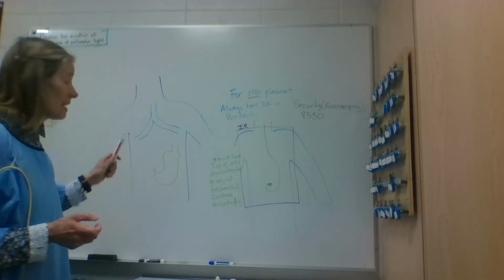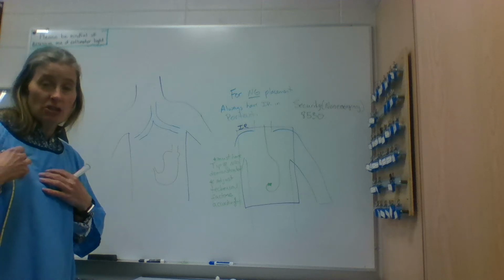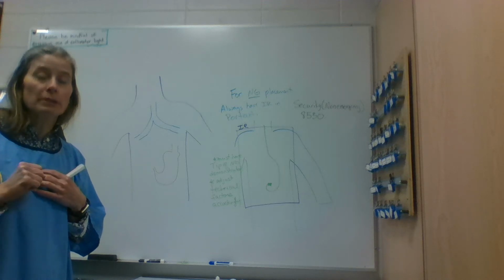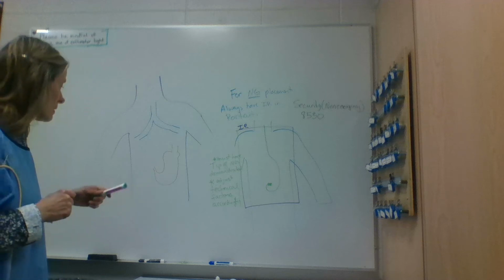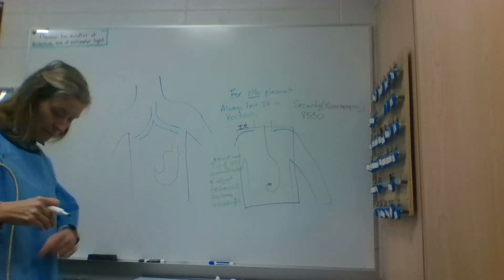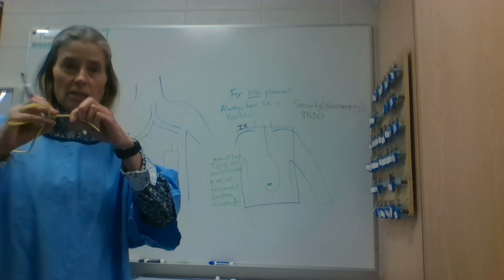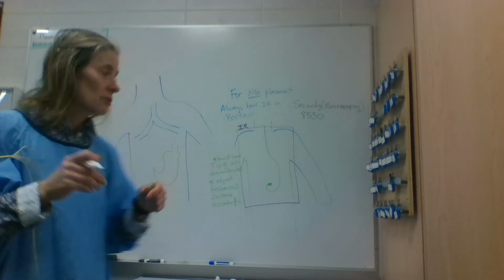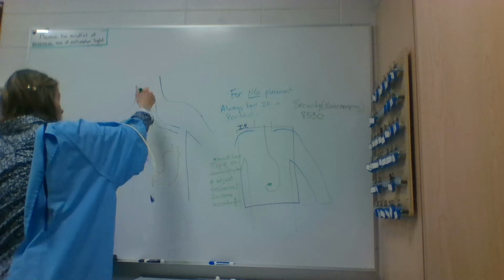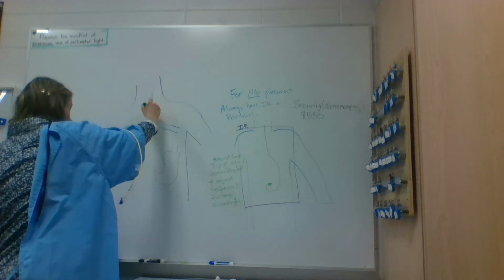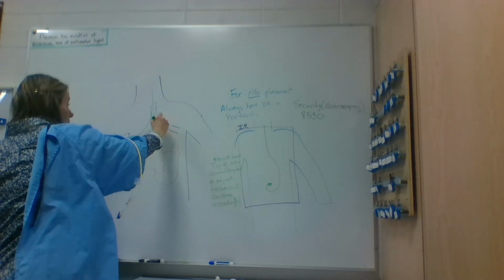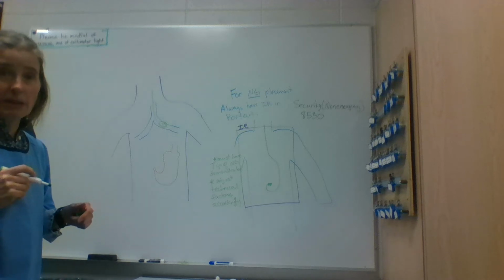So what tends to happen is when the NG tube is inserted, they need to confirm placement. Because of the material and the composition, these NG tubes can actually curl onto themselves. So as they're inserting it, if it hasn't been inserted correctly, it can actually curl up in one of the main branches of the bronchi.